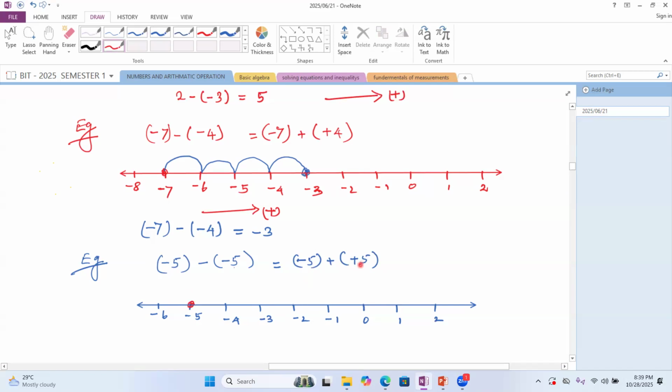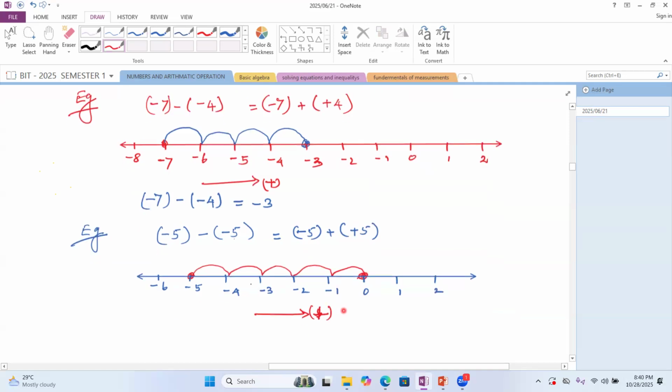Then add in the positive direction, 5 units: 1, 2, 3, 4, and 5. So we get the result 0. So negative 5 subtracted from negative 5 gives 0.